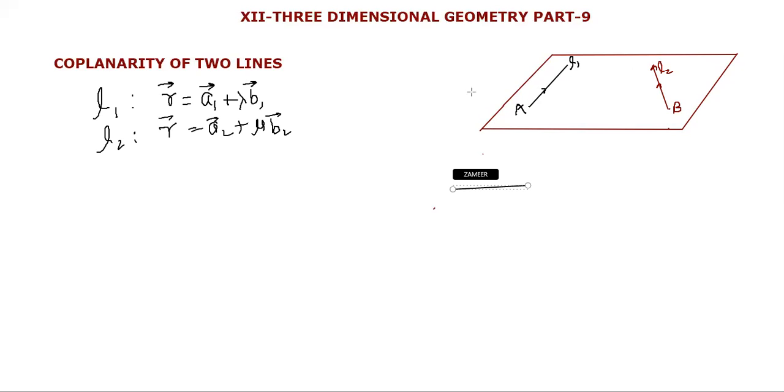The lines which are lying on the same plane are called coplanar. Whether they are parallel or perpendicular, that is another thing. But if they are lying on the same plane, they are called coplanar lines.